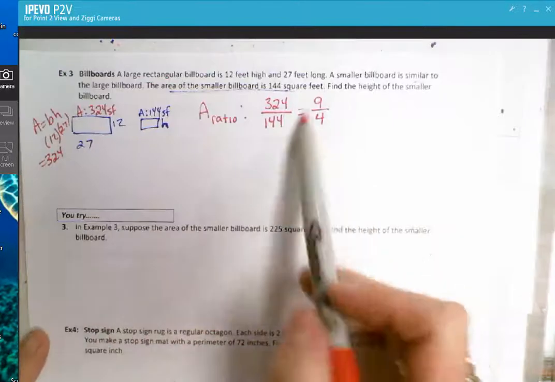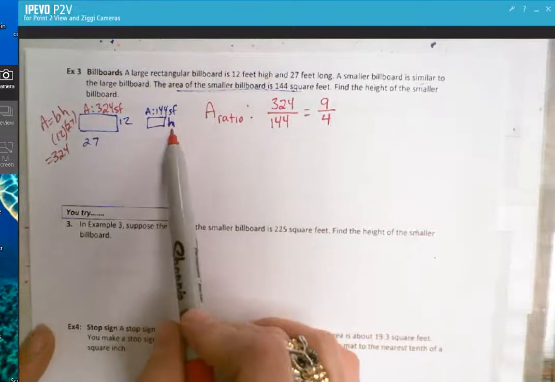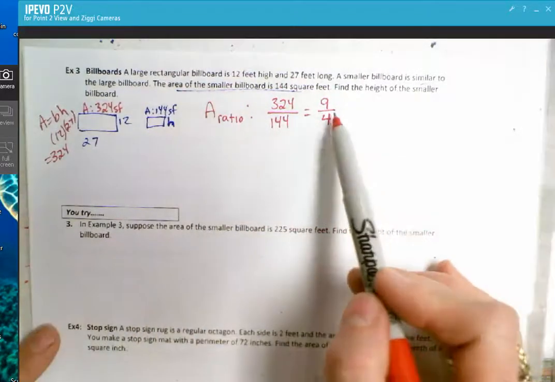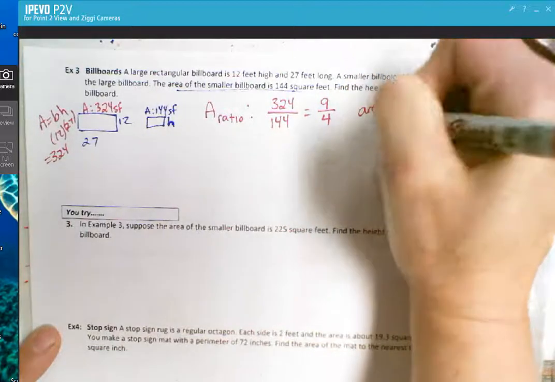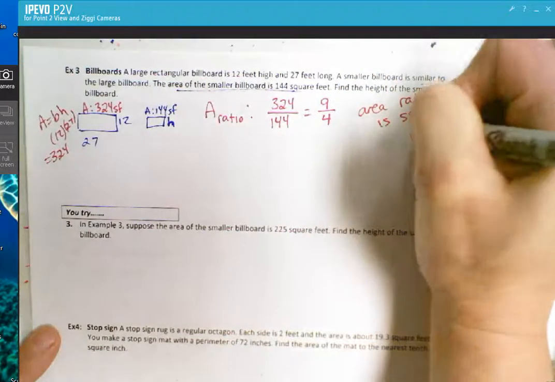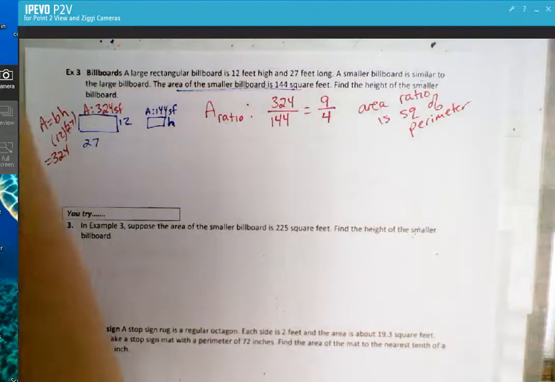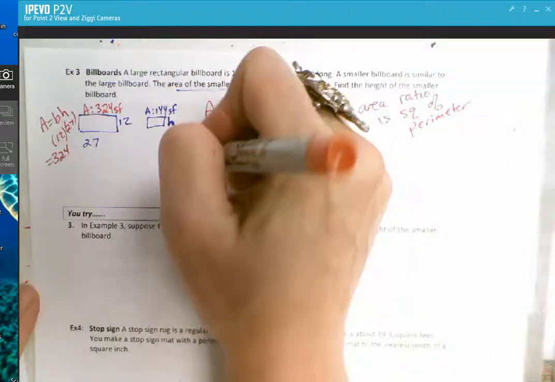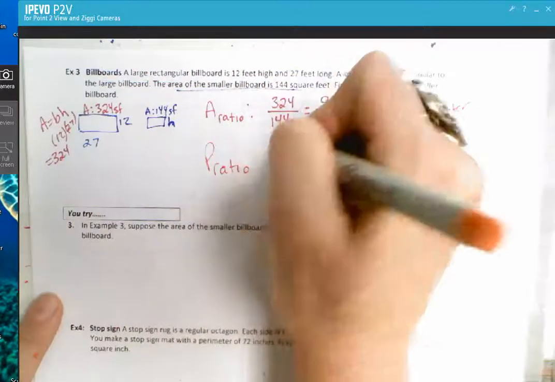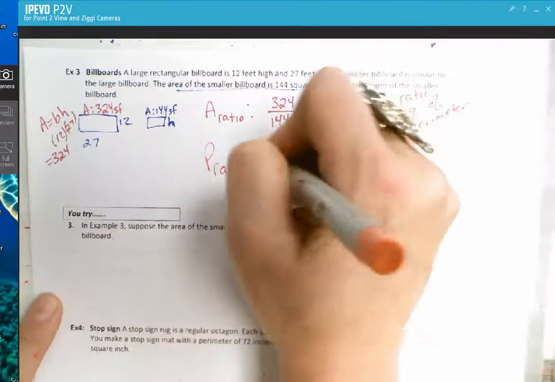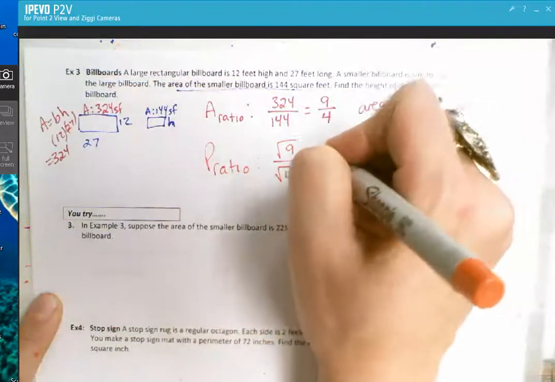Now that I know the area ratio, I can work my way back to setting up a ratio for the side lengths. But I need to remember, the area ratio is the square of the perimeter ratio. So my inverse operation would be to take the square root to find side lengths. So in order to get the perimeter ratio, I have the square root of 9 over the square root of 4, which is equal to 3/2.